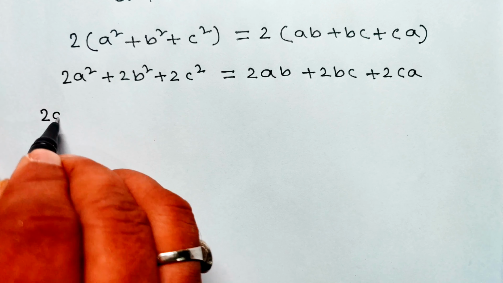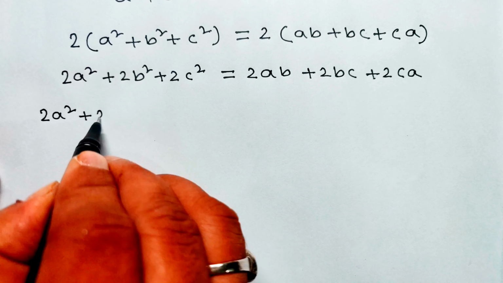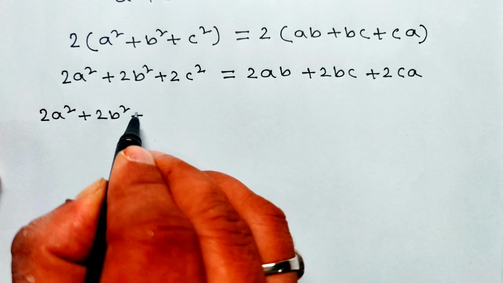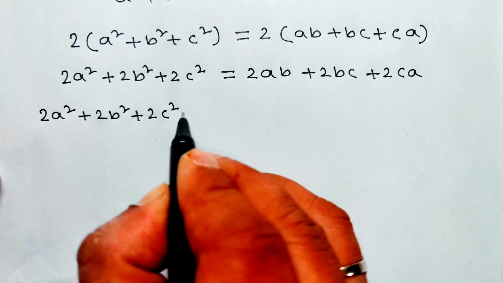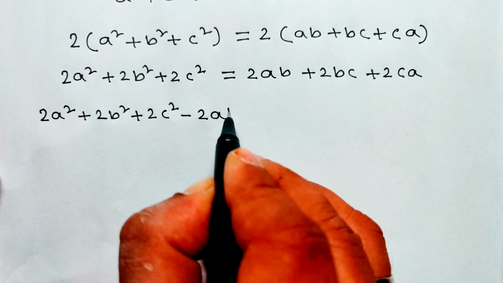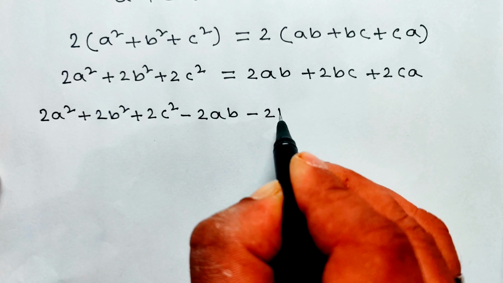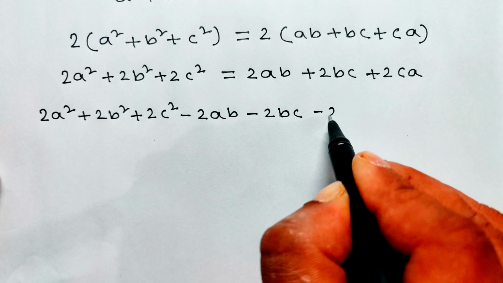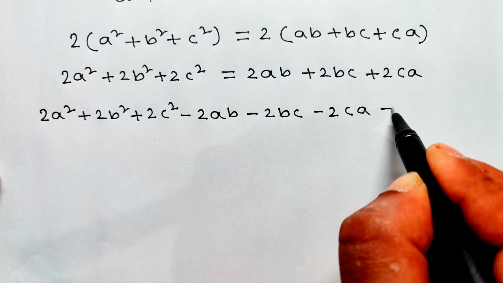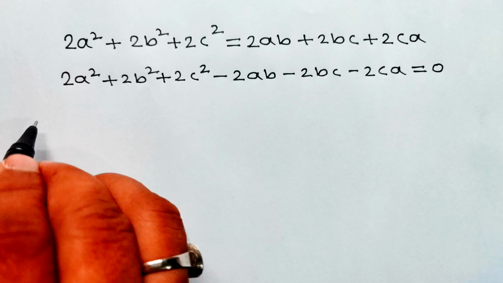Then 2a² + 2b² + 2c² − 2ab − 2bc − 2ca = 0.